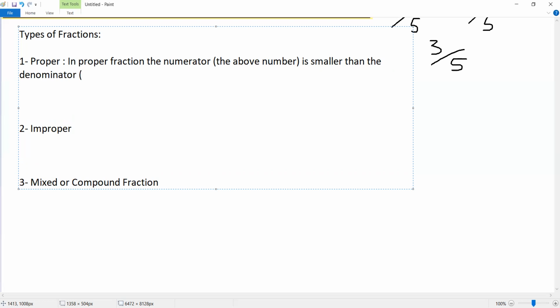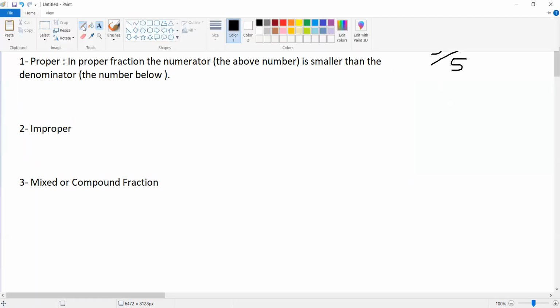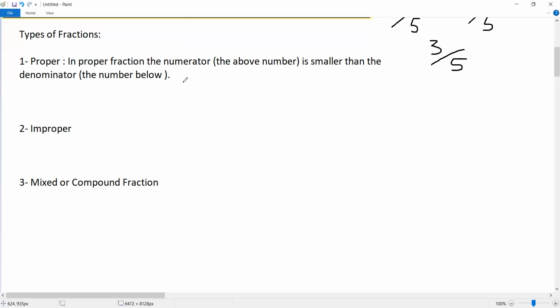So what is the denominator? The number below the divide sign. Okay, the number below is called the denominator. Let me give you some examples. Over here we discussed 3 over 5. We can see this 3 is smaller and 5 is bigger.